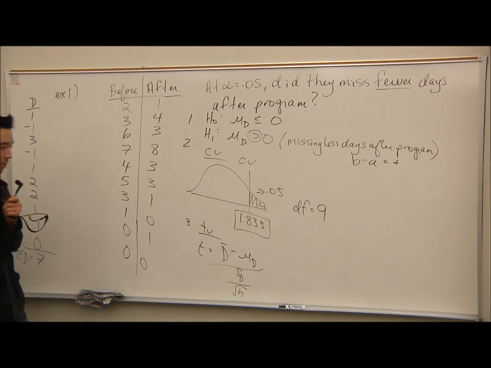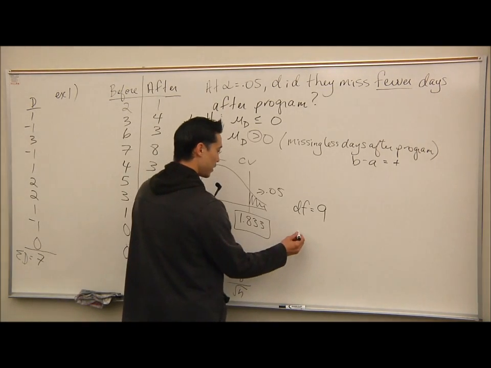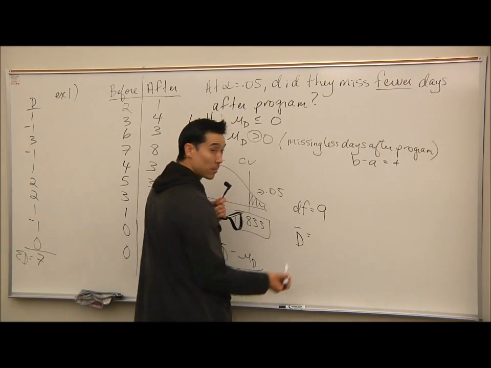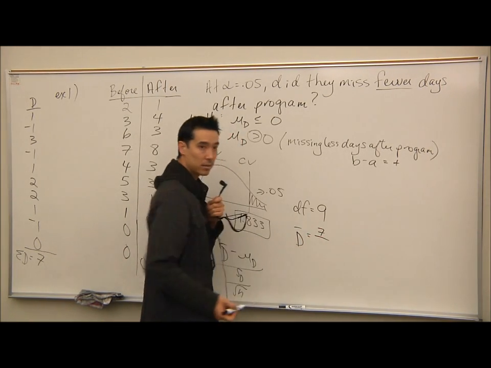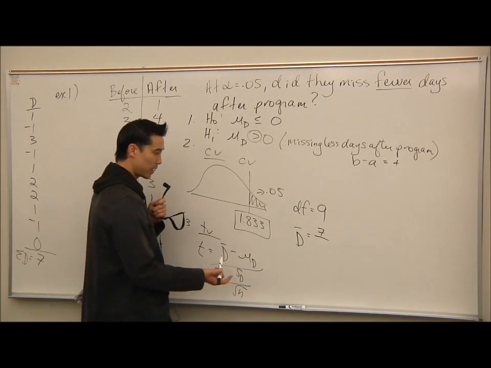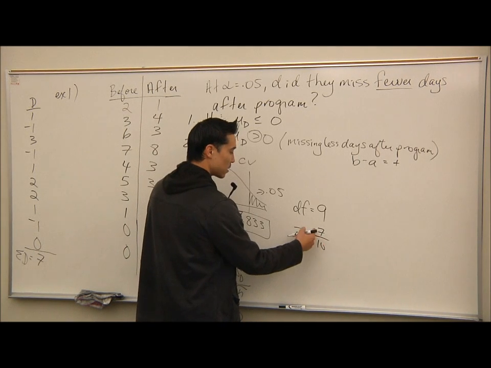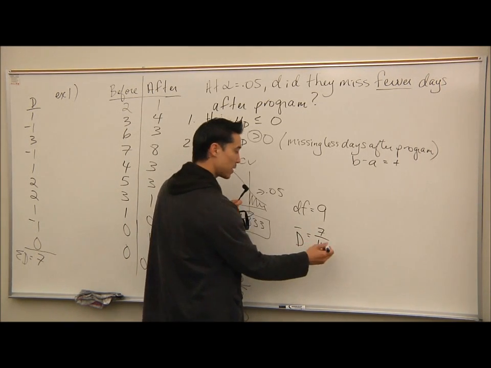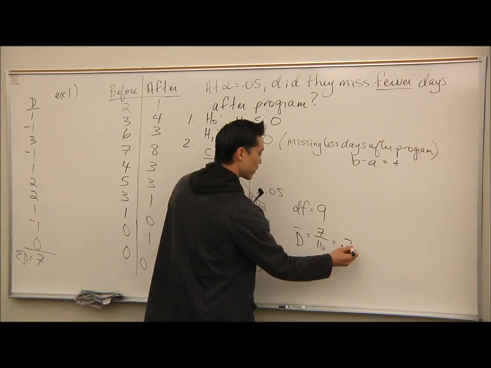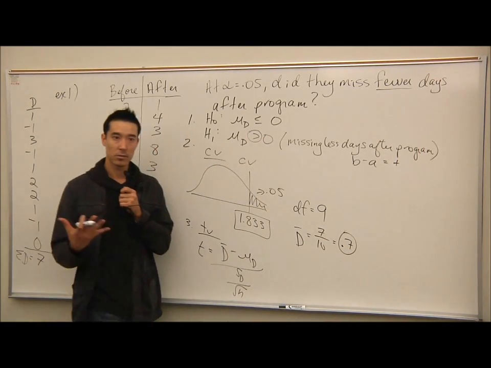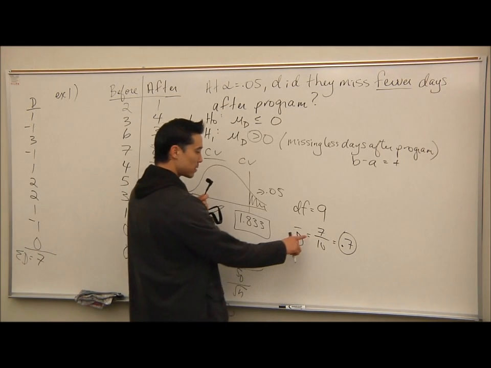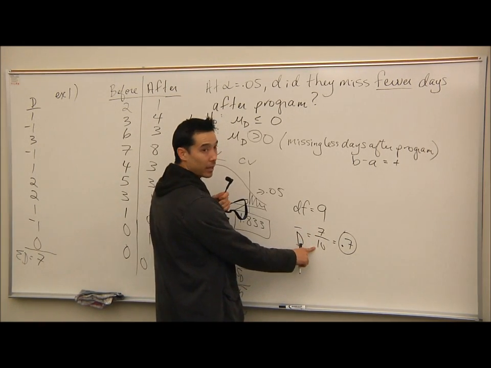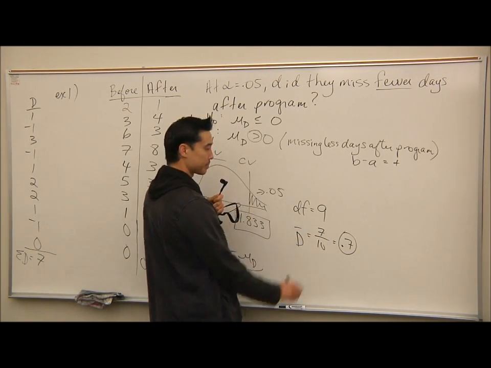All right, so d bar is sum of the d's, add up all your d's, which is 7, divided by what? 10. 10, right? D bar is the sum of the d's divided by n. So 7 out of 10, which is 0.7. Great. So I got one of the things that I need. D bar, again, if you look in your notes, it's the sum of the d's divided by n. Okay, and n is 10.